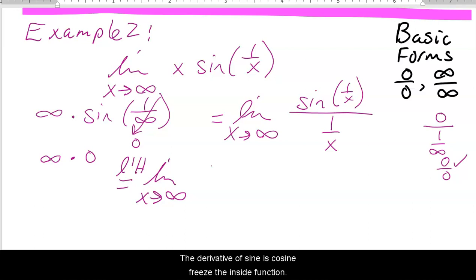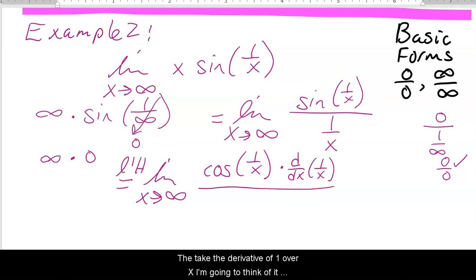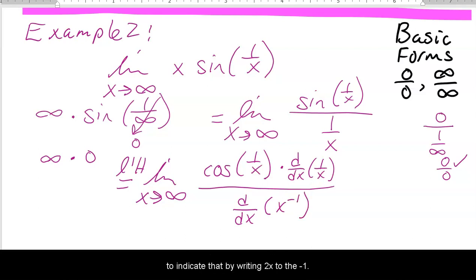The derivative of sine is cosine, leaving the inside function alone, times the derivative of the inside, which is 1 over x. To take the derivative of 1 over x, I'm going to think of it instead as x to the minus 1. Since I have 1 over x in the denominator as well, I'm going to indicate that by writing x to the minus 1.